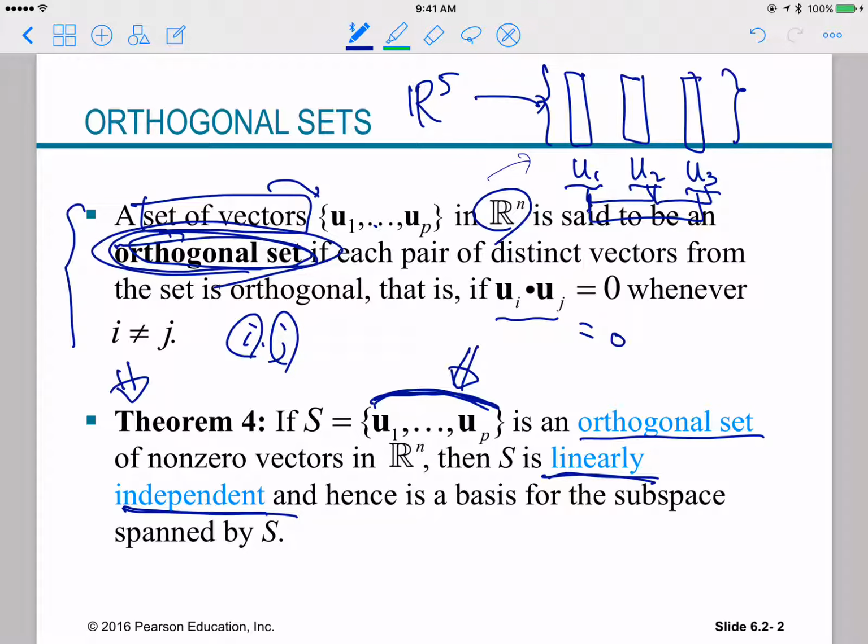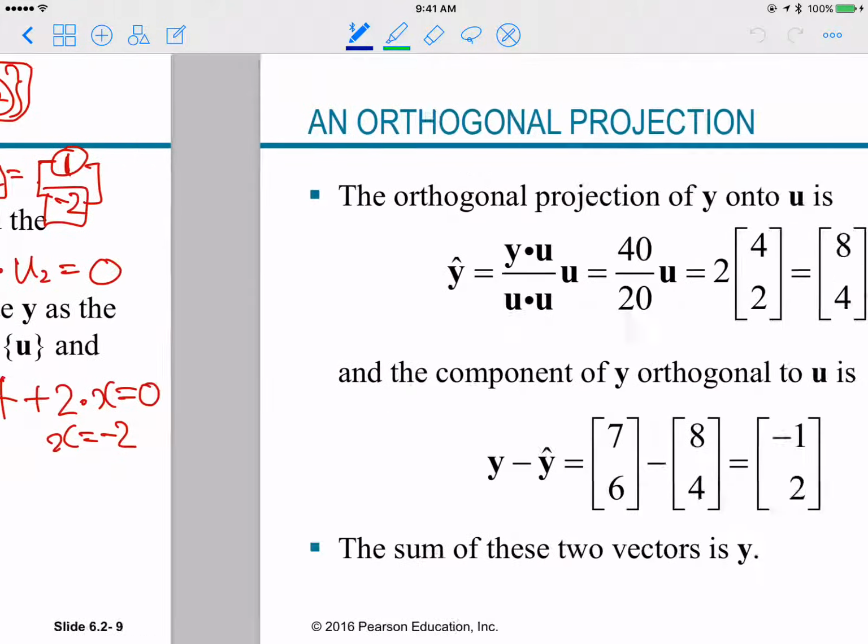Once we obtain an orthogonal set, which are perpendicular to each other, it is really easy to make this orthogonal set into an orthonormal set, because we just change the length without changing the direction itself. So the direction is preserved, and if we just change the length so that it becomes 1, then we can easily get an orthonormal set from an orthogonal set.